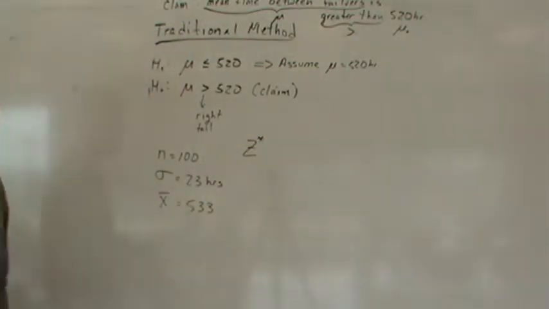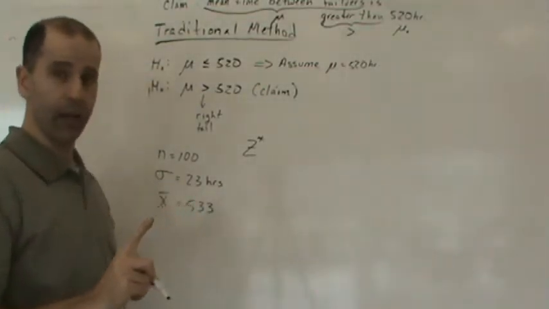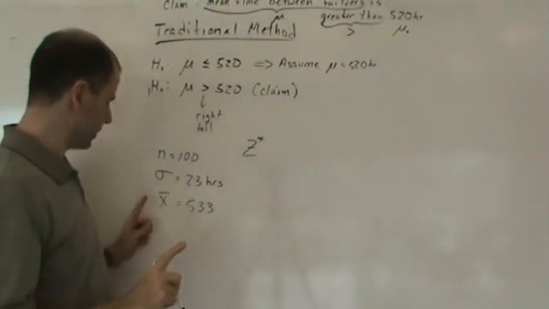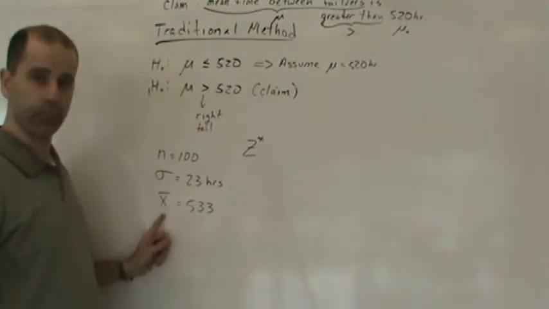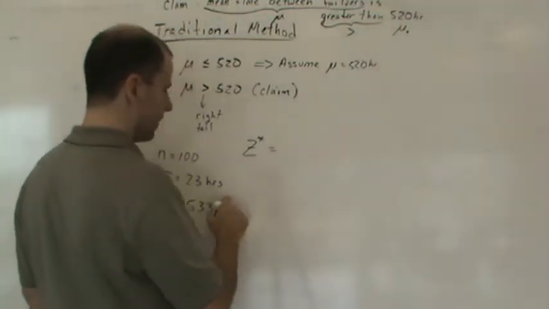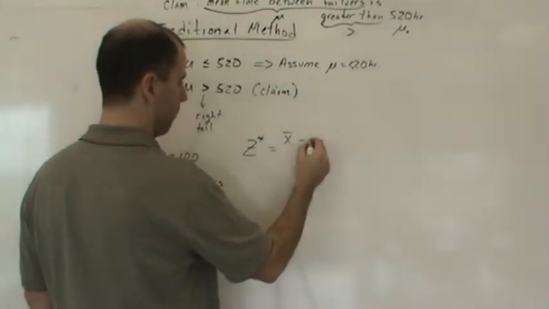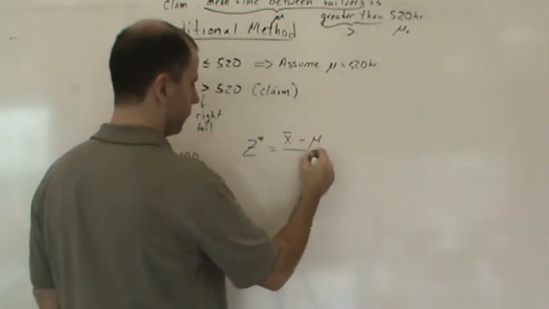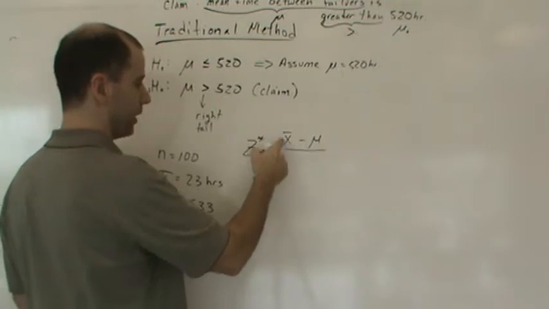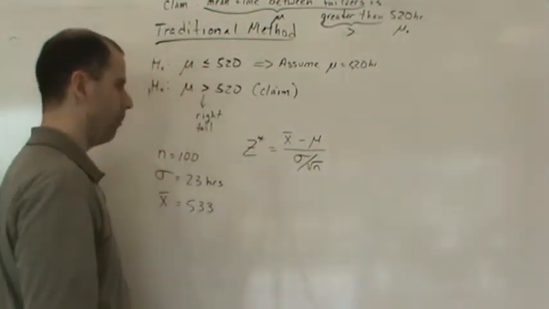We're going to convert this x bar value, the sample mean, into a z-score using the z-score formula: x bar minus the mean divided by the standard deviation of x bar, which is sigma over the square root of n.